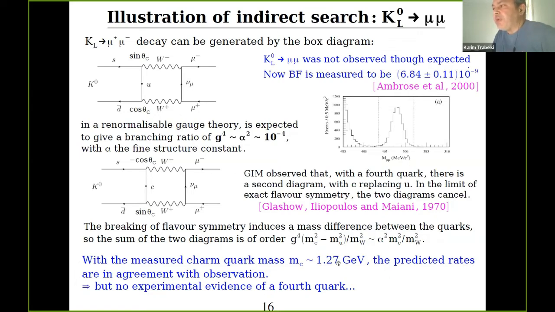So you have a constraint, an idea. The indirect search actually allows you to conclude that you should look for a charm quark mass around 1.3 GeV, to get the predicted rate using this contribution at the order of an observation at 10 to the minus 9.